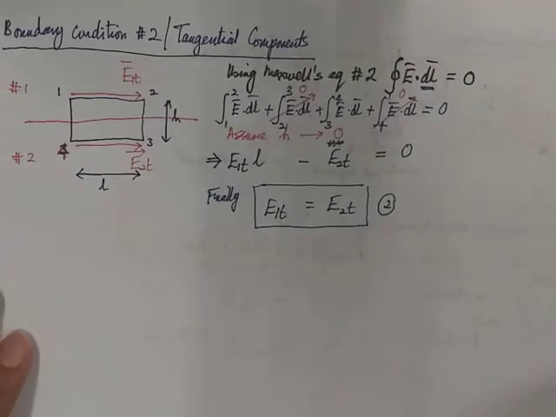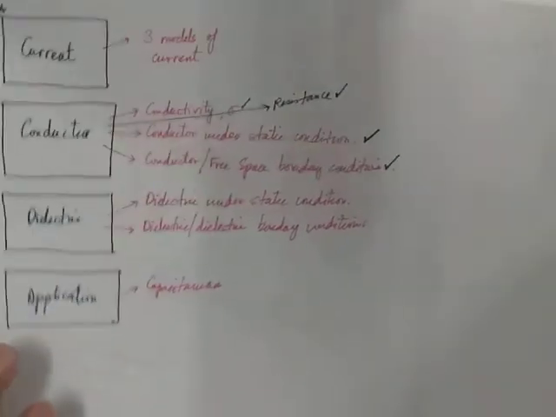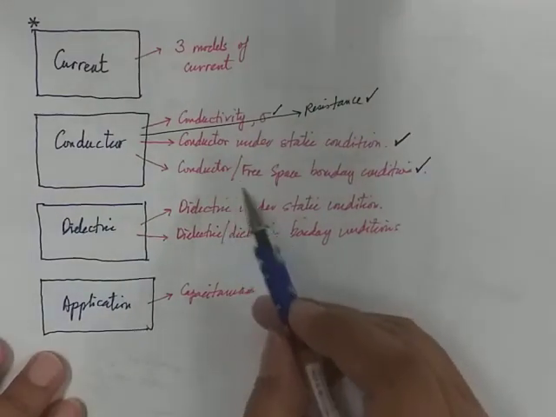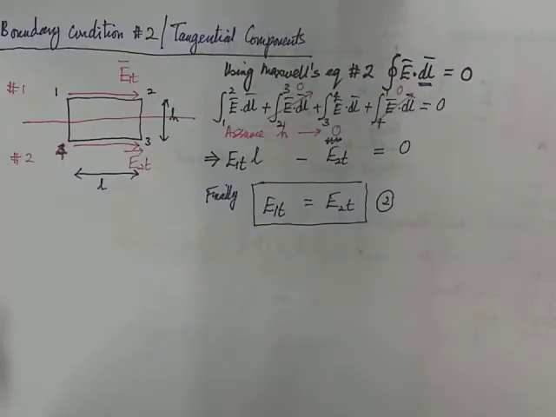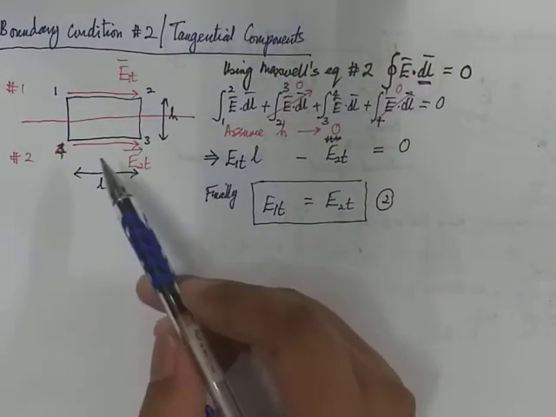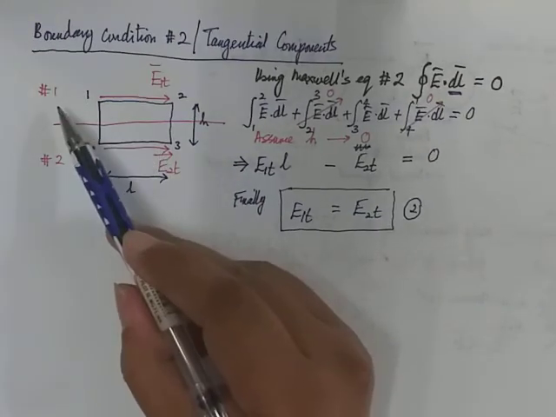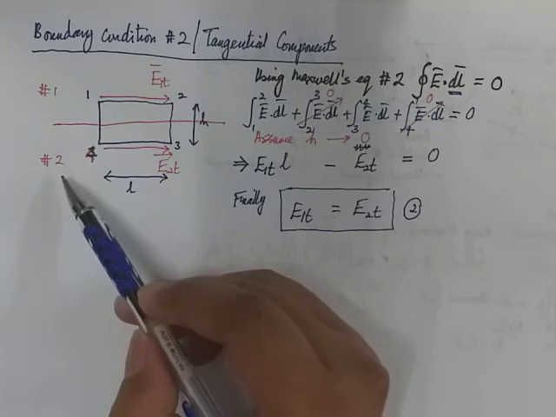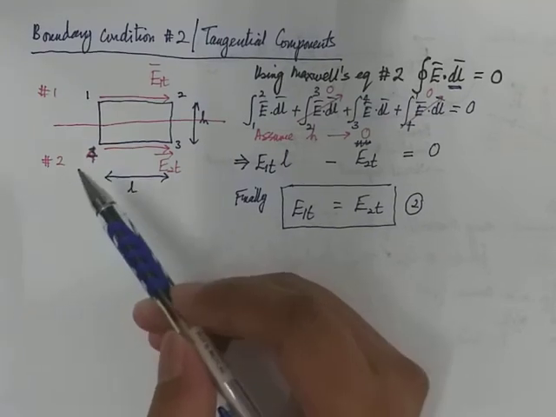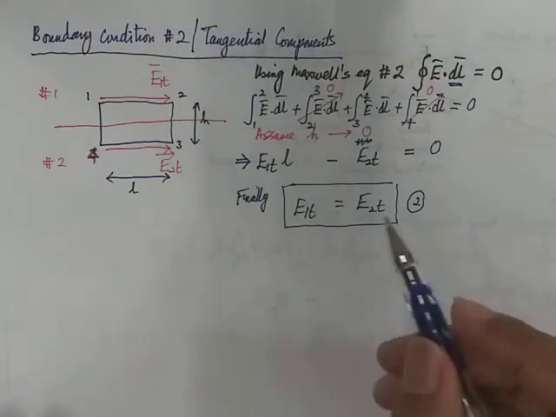But what we are doing in this particular part of the discussion is actually dealing with what we call the conductor and free space. In our discussion so far, we said medium number 1 is just number 1, medium number 2 is just number 2. But actually we now want to relate it to conductor and free space.